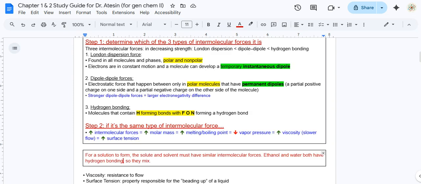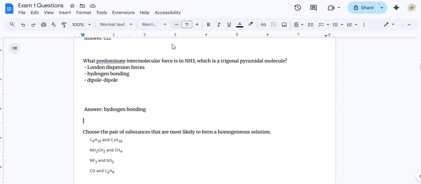Well, you know how we said similar intermolecular forces? Well, these two are both hydrocarbons. They only have carbon and hydrogen. And this one, even though they're both dipole-dipole, they're very different elements, and when they form, they'll have different shapes.